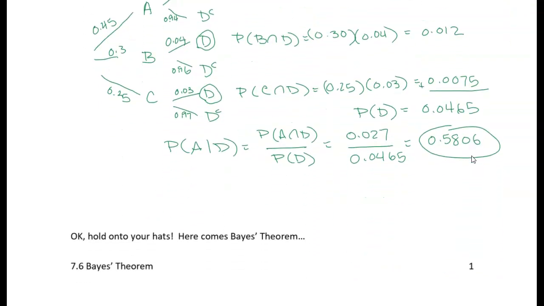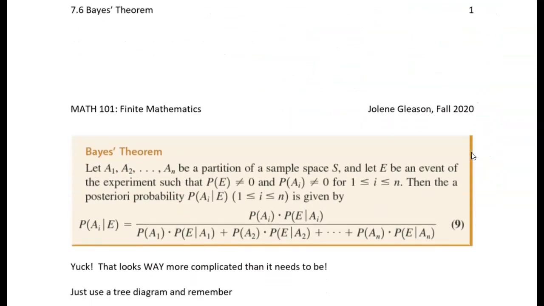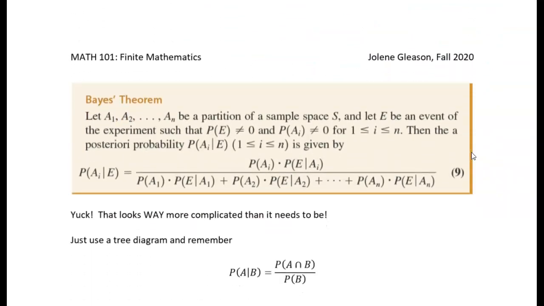But I'm just going to show you this because I think this is sometimes what scares people about math. All right, here's the formula that's in your book. Do not memorize this formula. This is the probability of event A and event E happening.